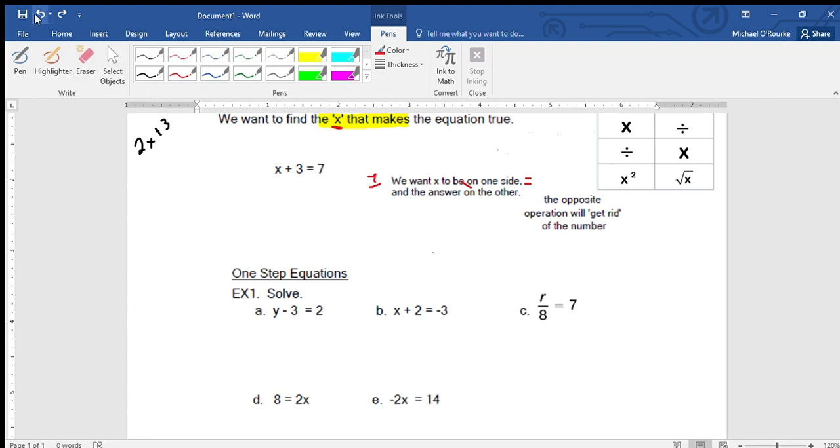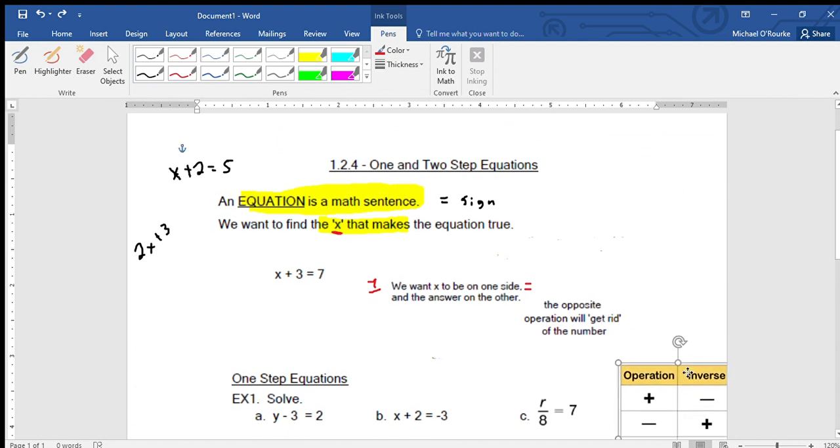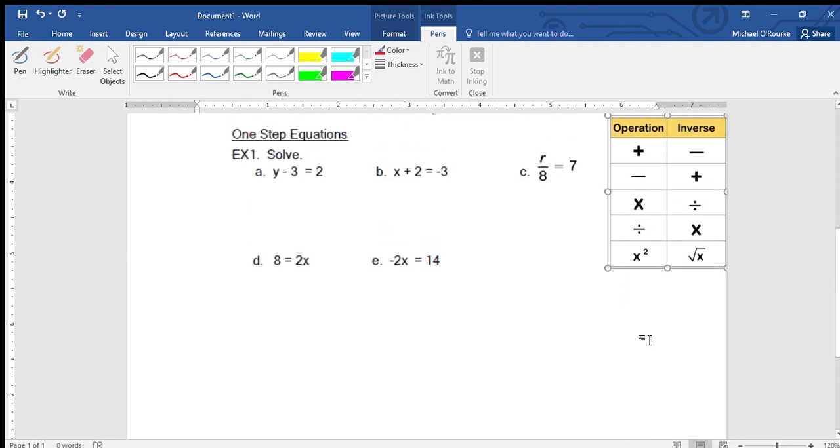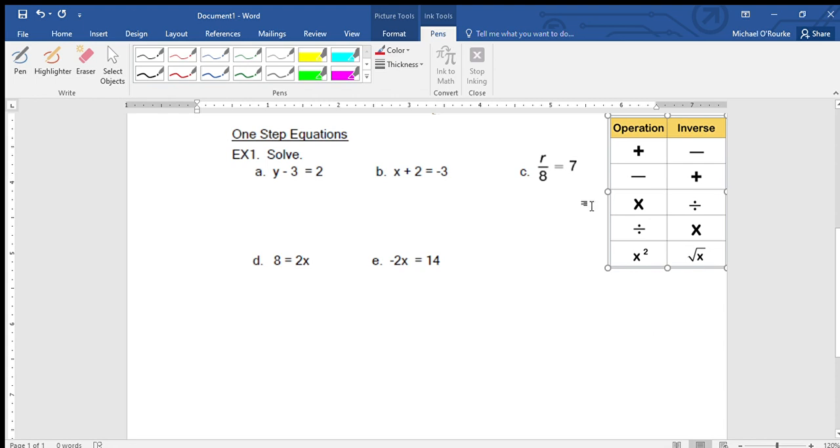The opposite operation is the inverse. So we're going to go through these questions doing inverse, then I'm going to do some random ones. The key is we want to move the number to the opposite side of our variable.